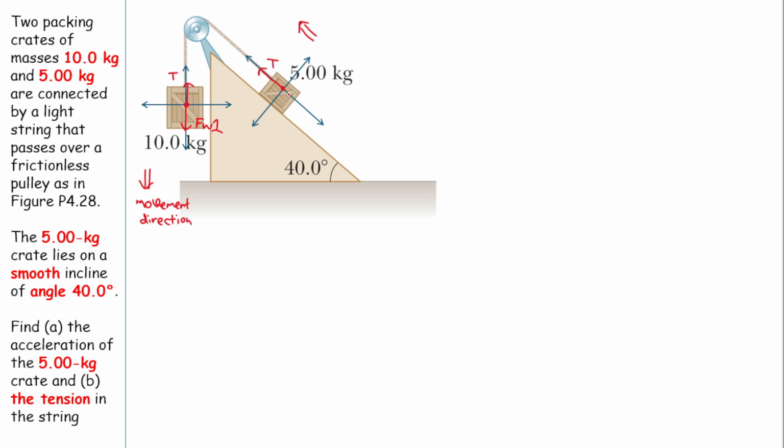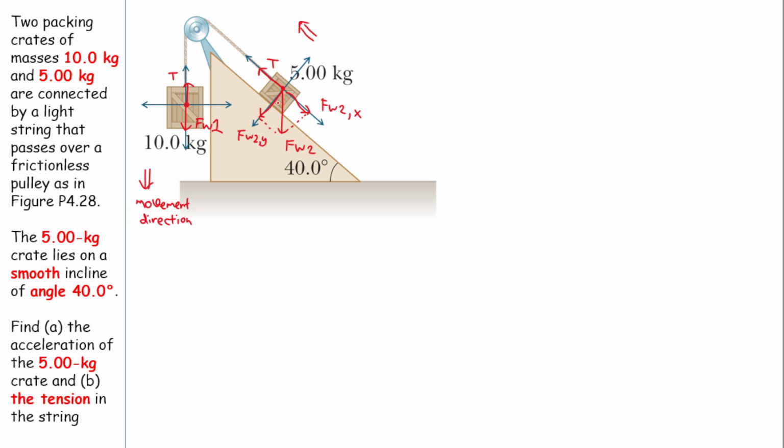And what else do we have from here? We also have the weight of the crate, right? So we will have FW2. However, we need to decompose it into X and Y components, right? So here we will have FW2 in the X direction, and then here we will have FW2 in the Y direction.